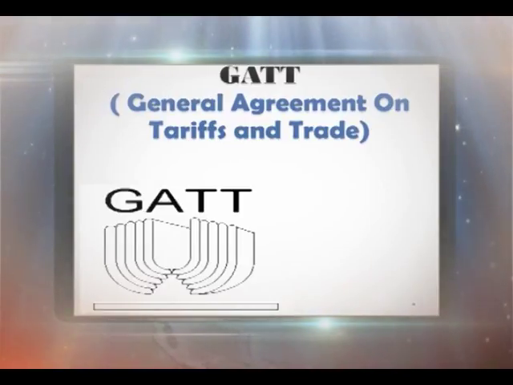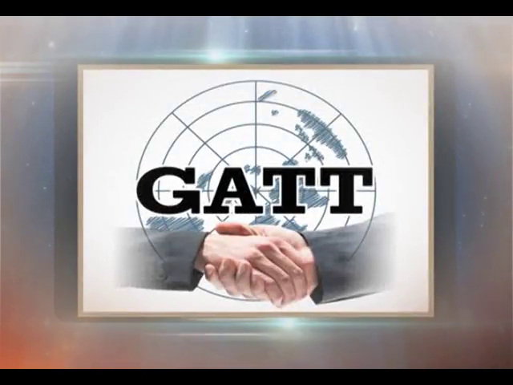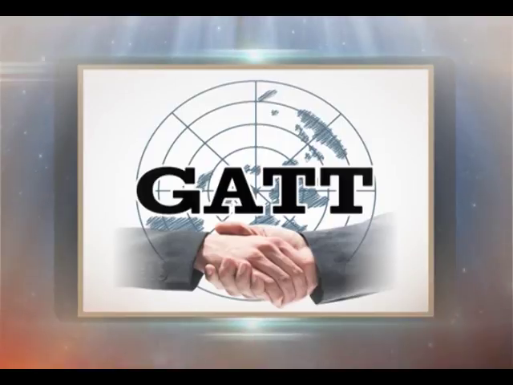GATT also tried to provide for an international trade regime, and it tried to facilitate trade as also to put some barriers on the behavior of the nations as far as global trade is concerned. So it regulated tariffs, it regulated other types of licensing and duties to ease international trade.